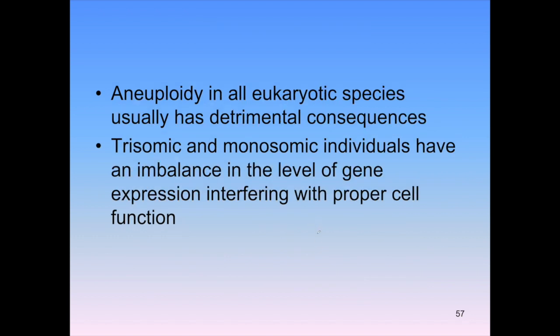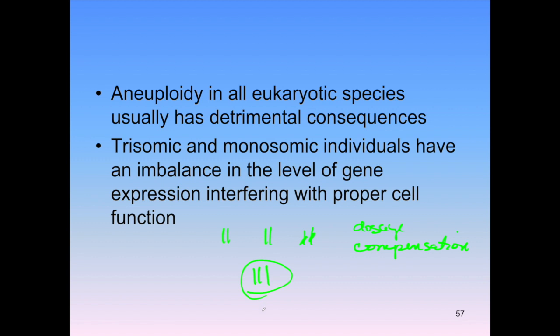Aneuploidy in all eukaryotic organisms is known to be detrimental. Trisomy and monosomy have an imbalance, and this is because of gene expression. Remember, with, let's say, trisomy, I normally have 2 sets of all my chromosomes, but then all of a sudden in one set I have 3. Now, what's known as dosage compensation, which is the idea that this allele will balance this allele in gene expression, gets thrown off when we have trisomy.